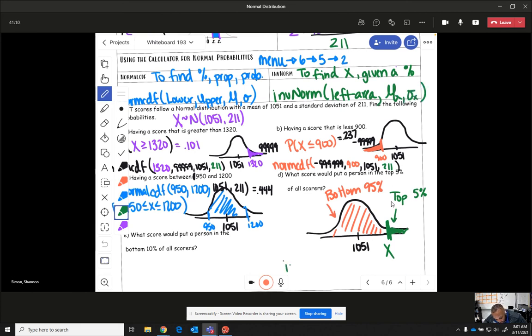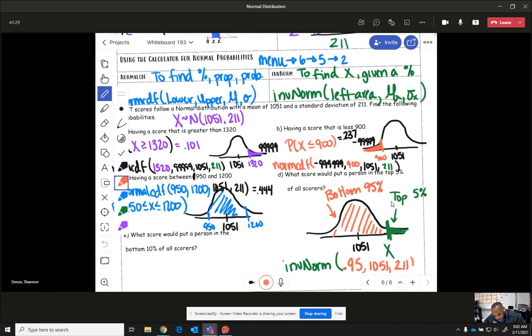So here, for my inverse norm, you don't need probability statements. You're not finding probabilities, you're just finding a value of x. Your area here is the bottom 95%, which is 0.95, the mean is 1051, and the standard deviation is 211.